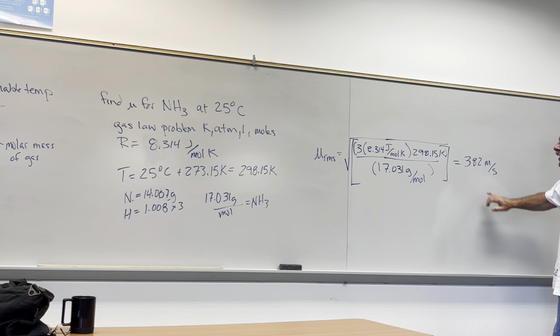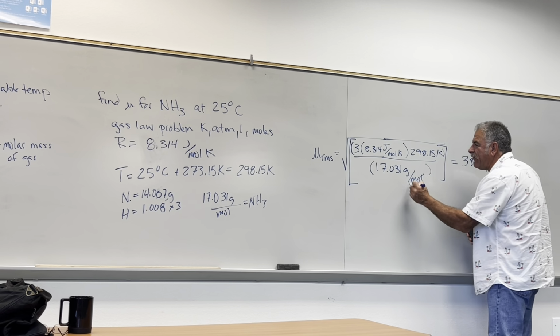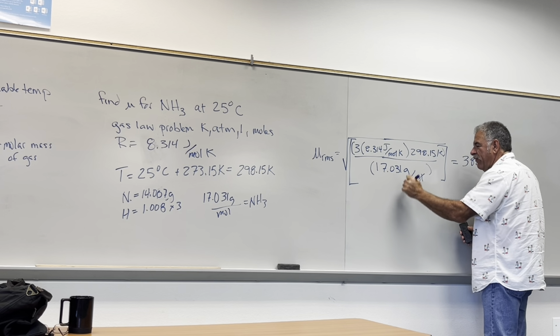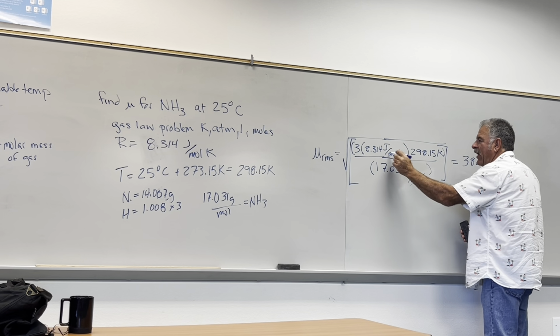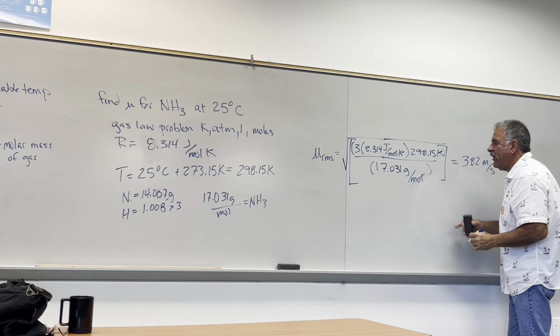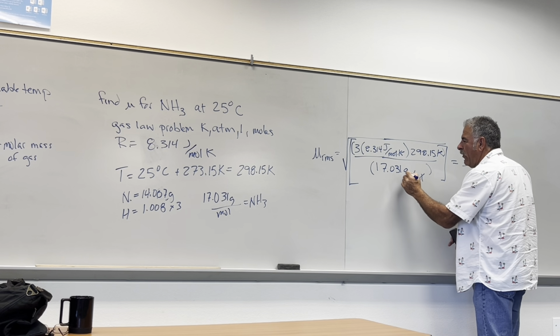And I'm like, what? Well, here my moles cancel. That's good, because remember this moles comes on top, because it's on the bottom and then divided, so it comes out on top, so moles cancel. K's down below, so it cancels. And I'm left with joules.